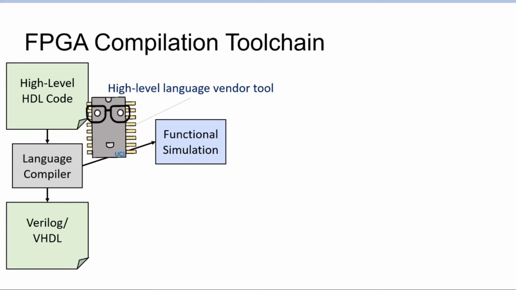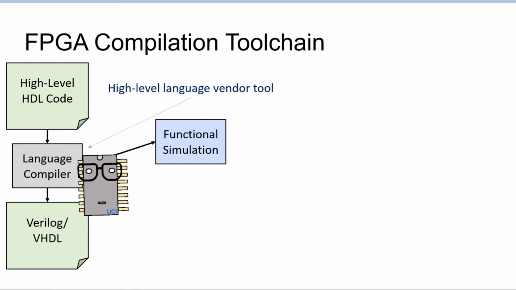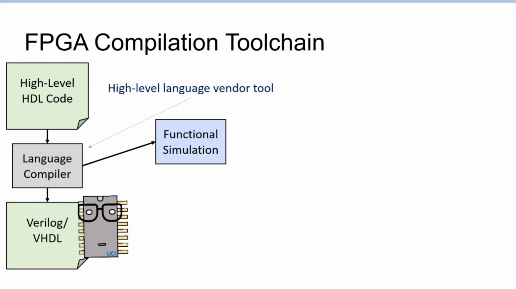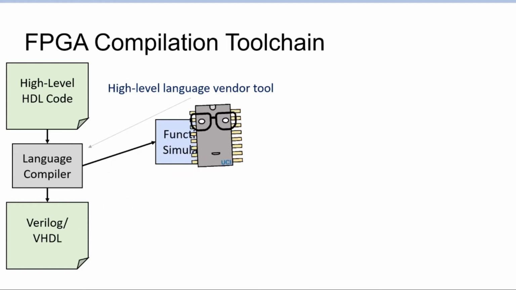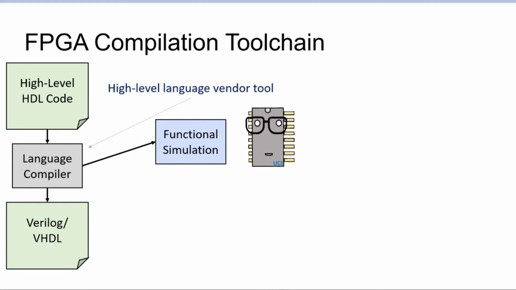So you start with high-level HDL code, and you'll be using something like a language vendor tool, a language compiler, to compile it into RTL code, either Verilog or VHDL. Oftentimes, a big benefit of using a high-level language with high-level semantics, not just wires and electrical signals, is that some of these languages provide functional simulation.